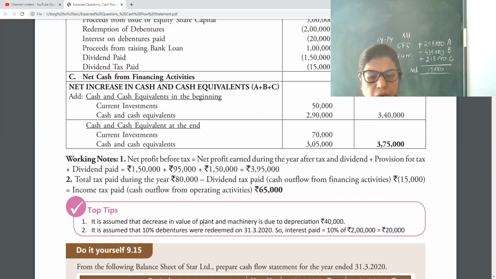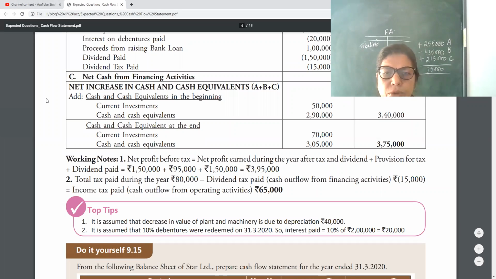And if you don't know how to make the plant and machinery account, I am going to show you. Fixed asset account: first of all, to balance b/d, by balance c/d.